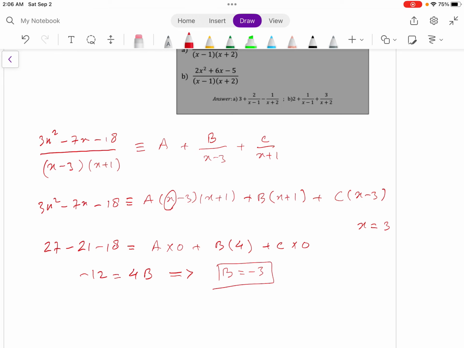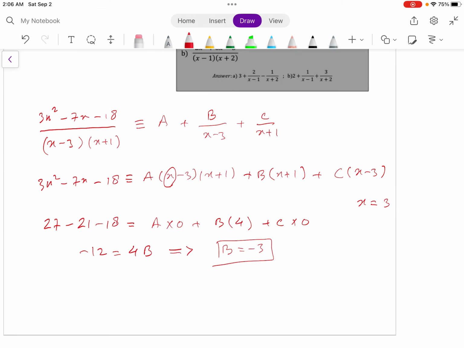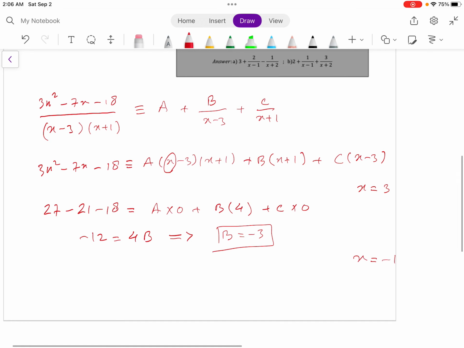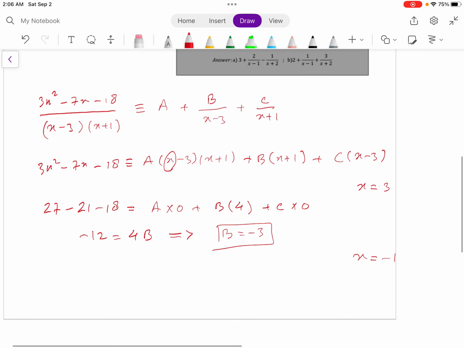Similarly, for the other constants, you can plug in other x values. Since it's an identity, we can plug in any real value of x. So I'm going to select minus 1 now, because minus 1 will help me find the other constant directly.